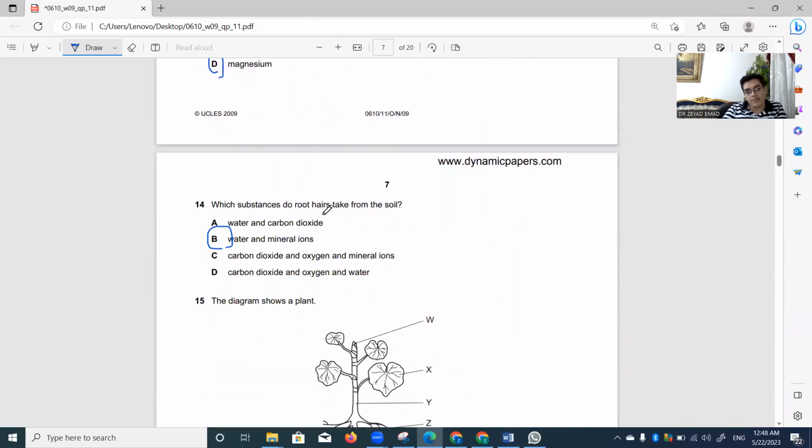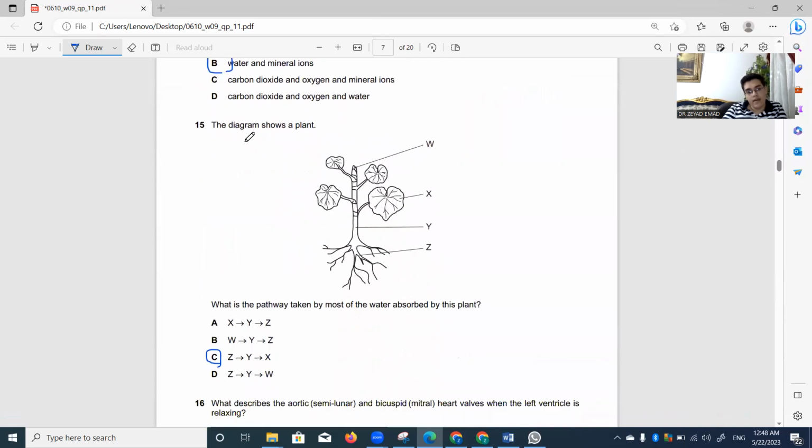Which substance do root hair cells take from the soil? They take water by osmosis and mineral ions by active transport. The diagram shows a plant. What is the pathway taken by most of the water absorbed by this plant? So we start by Z, as it is the root, then stem, then leaves.